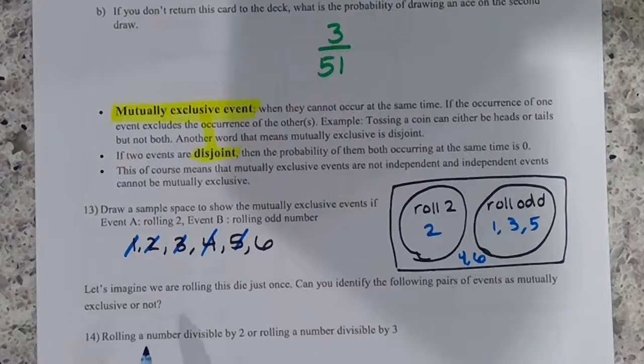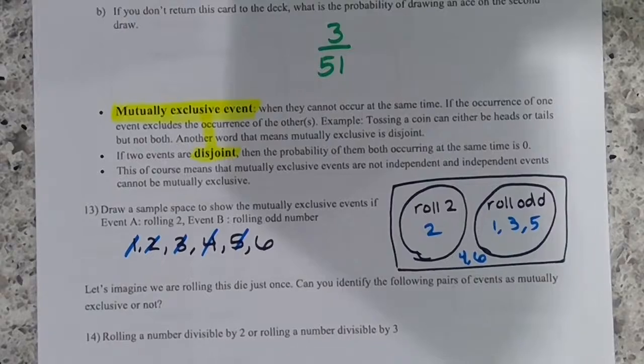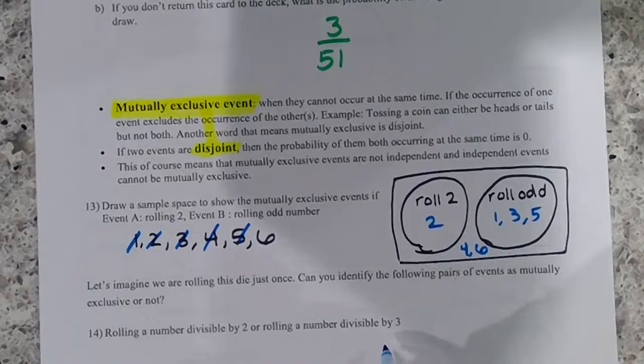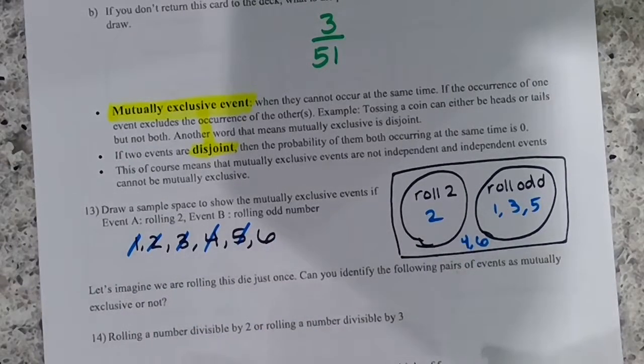All right, so let's think about these. Let's imagine we are rolling this die just once. Can you identify the following pairs of events as mutually exclusive or not? For this first one, rolling a number divisible by 2 or rolling a number divisible by 3. Are they mutually exclusive, meaning they don't have anything in common, or not?